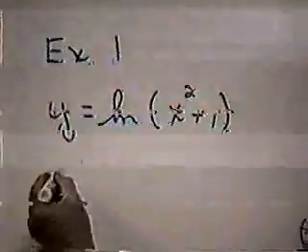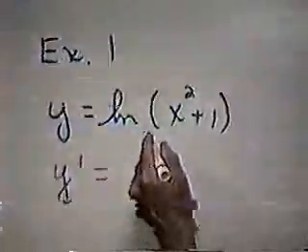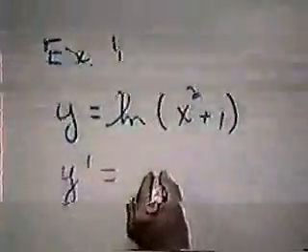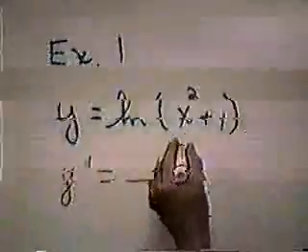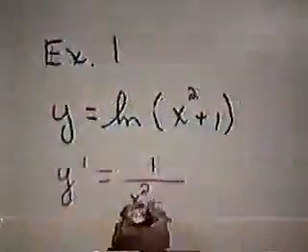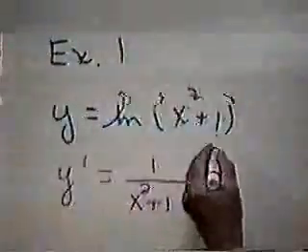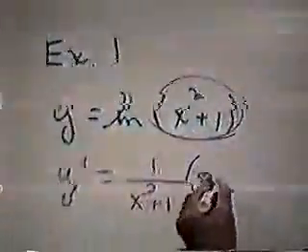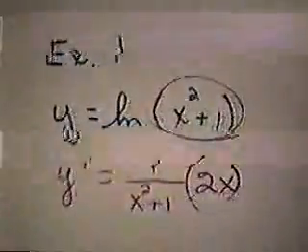Derivative of log, derivative log is 1 over the object, whatever that is, just 1 over that, just write that down, times the derivative of the object, which would be 2x. Okay?